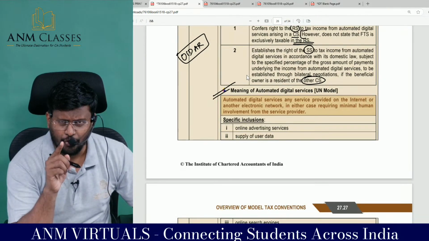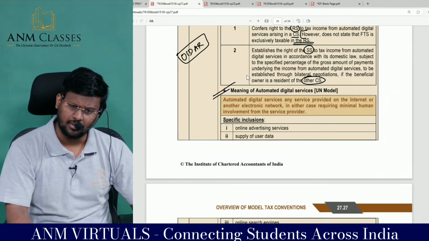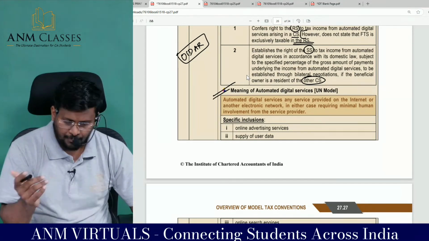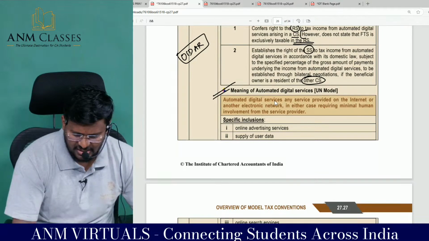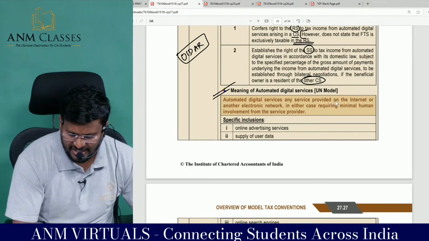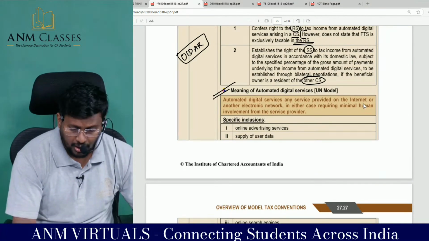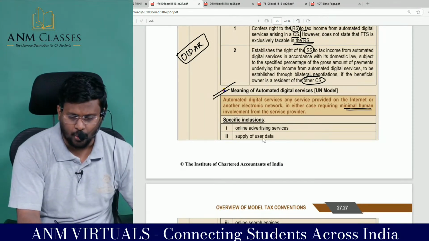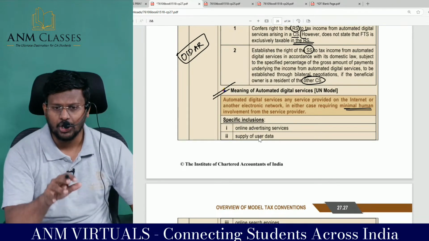What is the definition of automated digital services as per the OECD model? Not there. It is there only in the UN model. So automated digital services, sir, means any service provided on the internet or other electronic network, in either case requiring minimal human involvement from the provider. Because it should be automated.